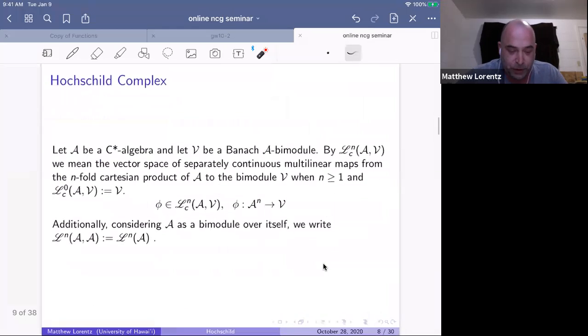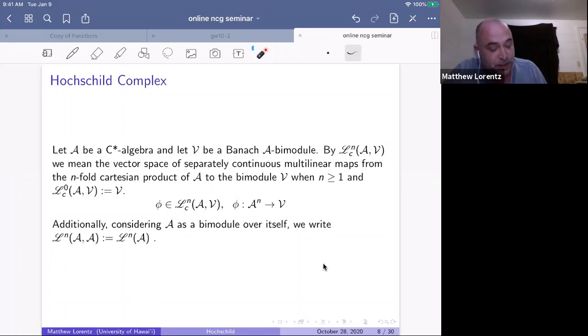So I'm sure a lot of people are familiar with this, but to get used to my notation, the Hochschild complex: first we start with a C-star algebra A, and we let this fancy V be a Banach A-bimodule. And by this script L sub C to the n, A to V, these are the n-multilinear maps from A to the module V that are separately continuous in each coordinate.